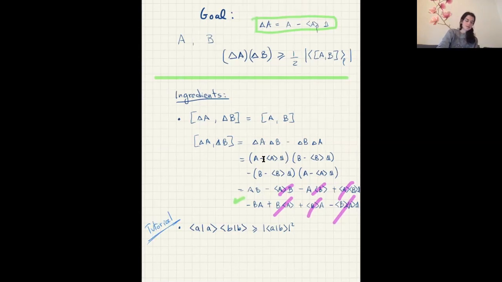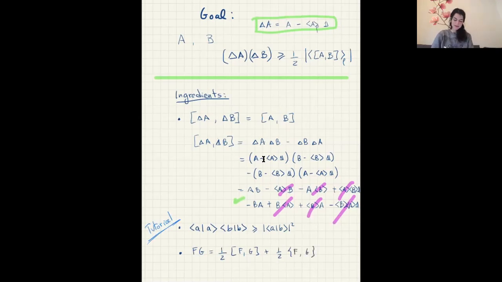The other ingredient that we need is, if we have two operators, then FG is just one half of the commutator plus one half of the anti-commutator.